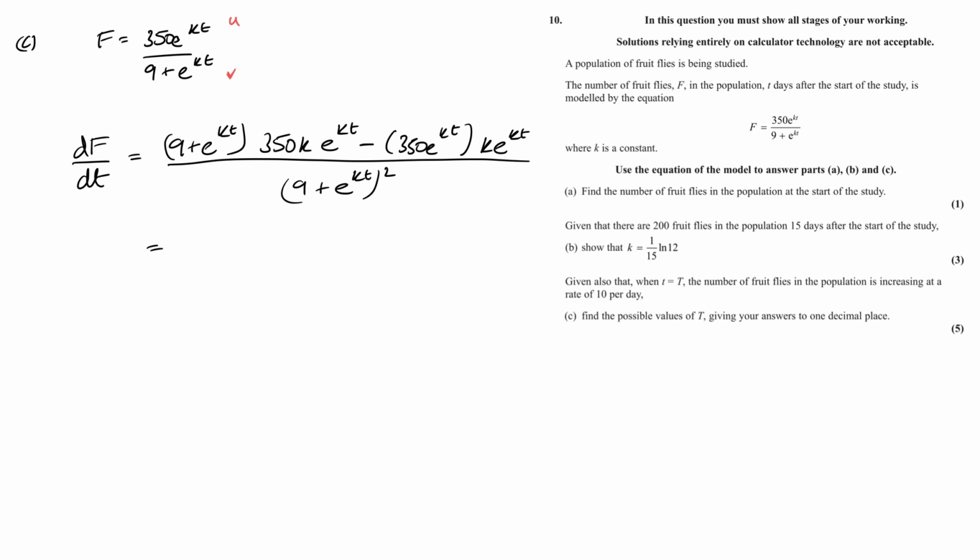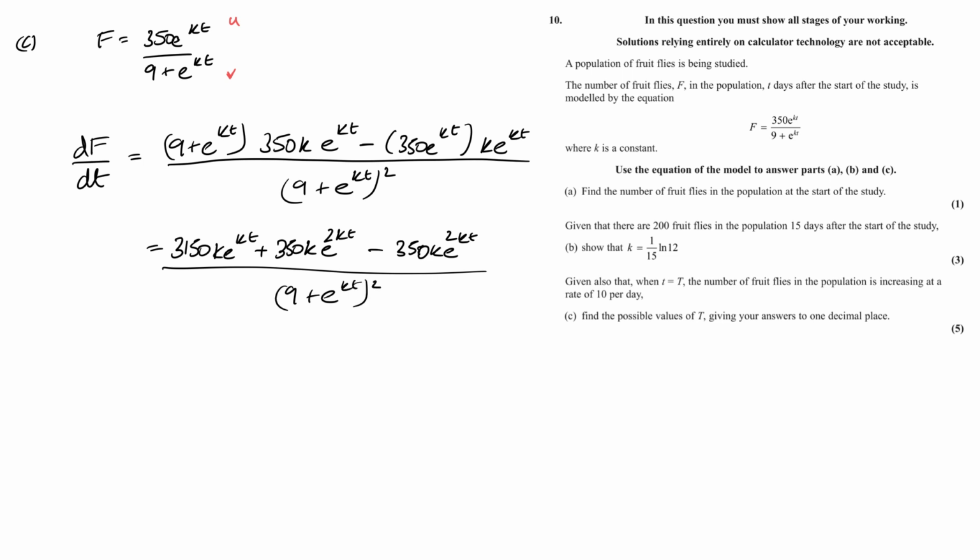So expanding my brackets, we've got 3150 k e to the kt, plus 350 k e to the kt squared, minus 350 k e to the kt squared, oh, there's a k in there, sorry, all over 9 plus e to the kt all squared.